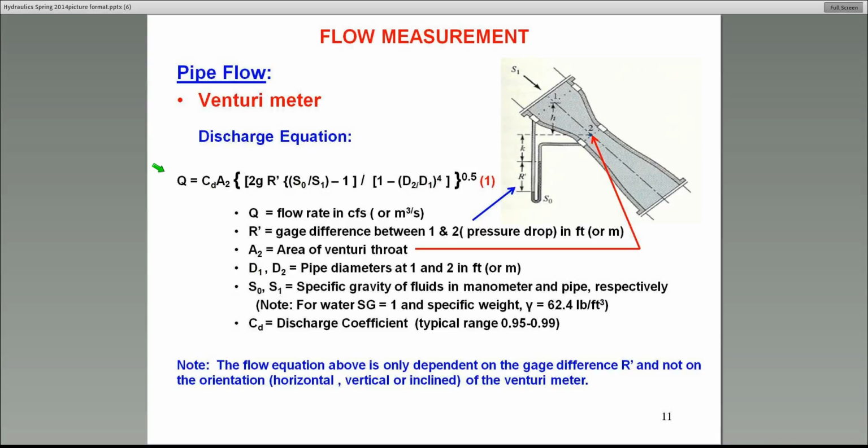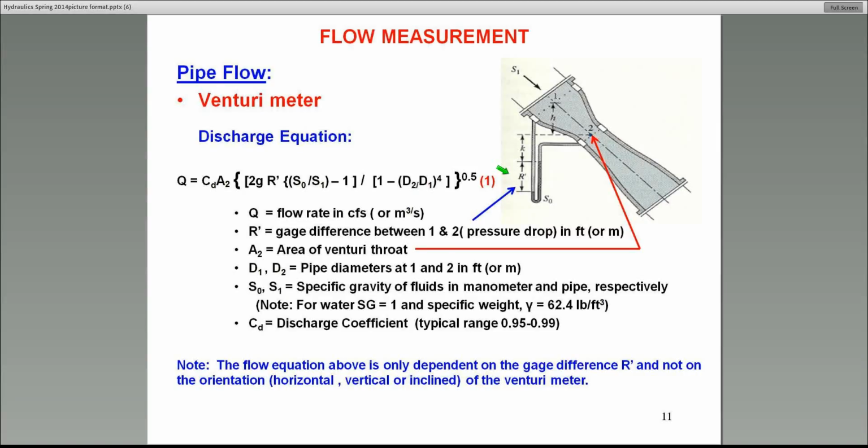What the venturi meter does is constrict the flow and thereby increase the velocity at a point called the throat of the venturi. By doing so, it converts the potential or pressure energy to kinetic energy. Therefore, there's a pressure drop observed in the process, and that pressure drop is typically measured by a manometer.